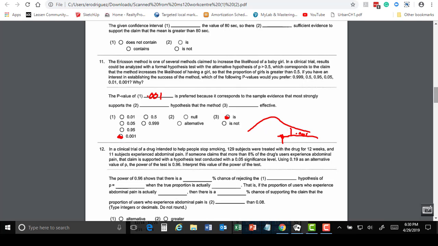Well, this is the tightest. That's the lowest type 1 error. And it says it's accepting evidence as to the null. The null is that it's equal to 50. So I think it's the alternative here. We'll set that up in a second.